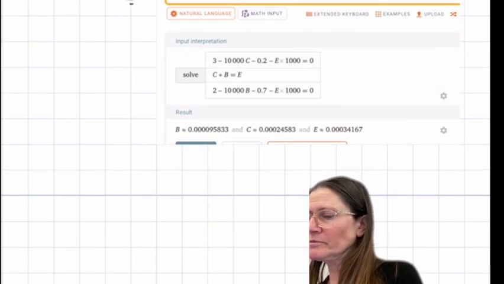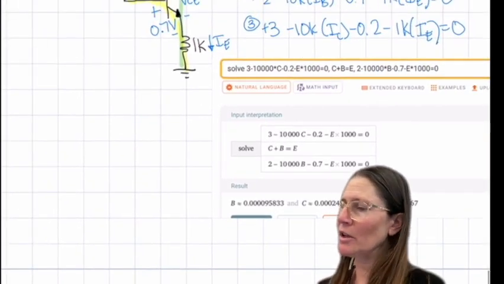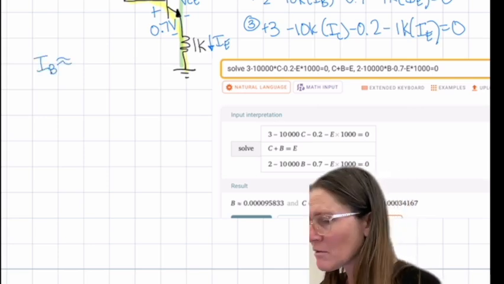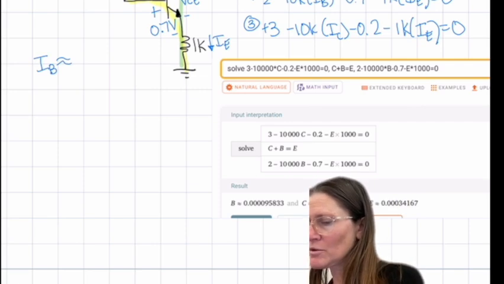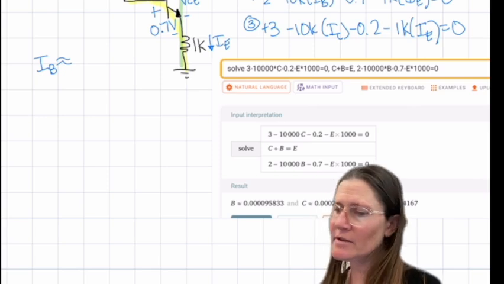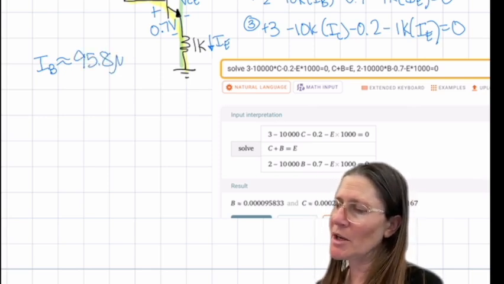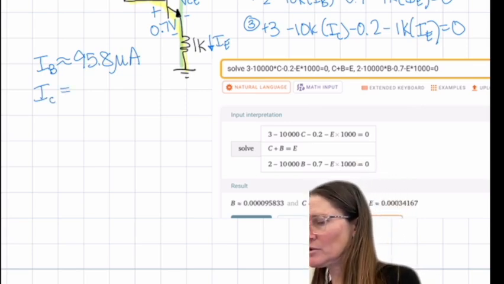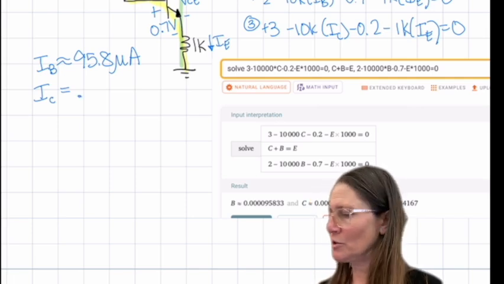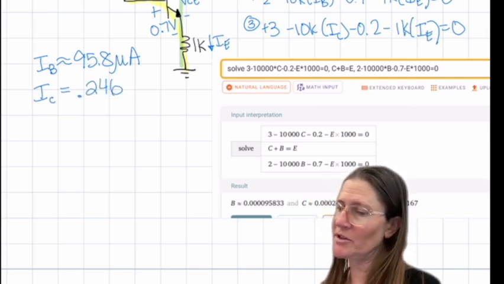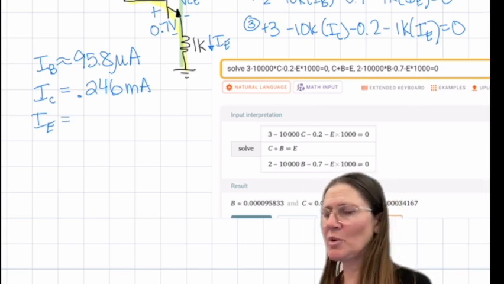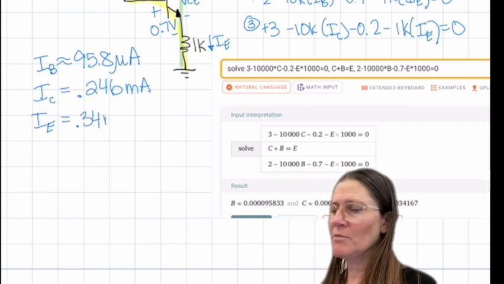So this yielded IB ending up being 95.8 microamps. IC was 0.246 milliamps, and IE was 0.34 milliamps.